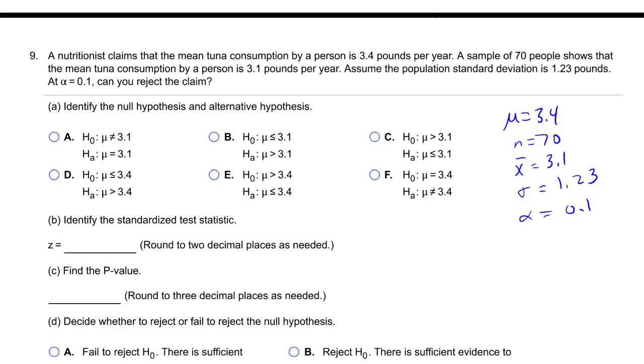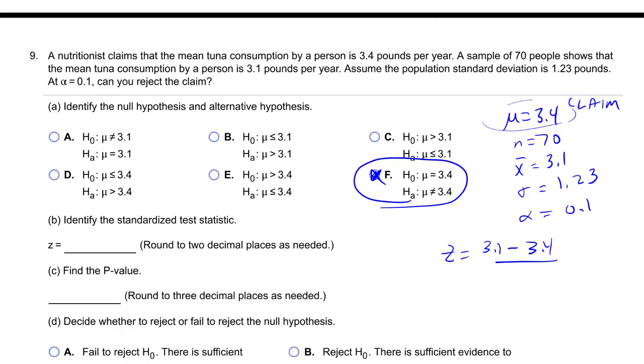So if mu is 3.4, and that's the claim, then that has to be H naught, and Ha would be mu not equals. If I go ahead and calculate z, you're going to get 3.1 minus 3.4 over 1.23 over the square root of 70, which is about negative 2.04.